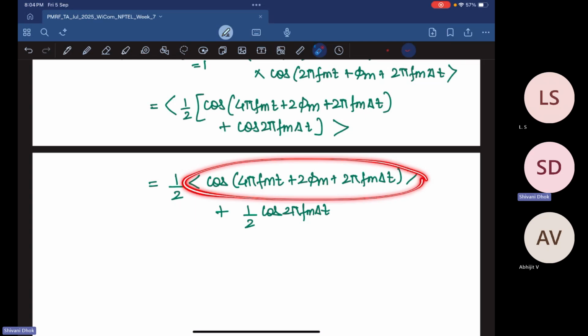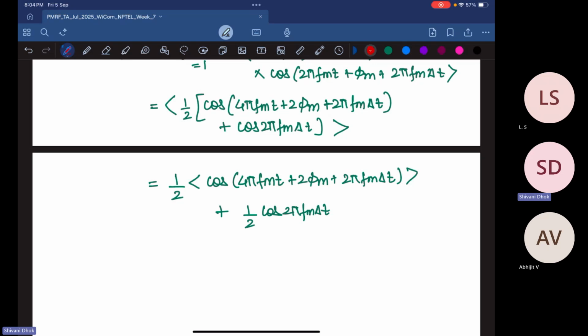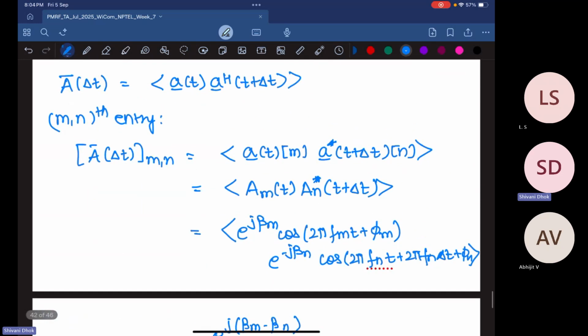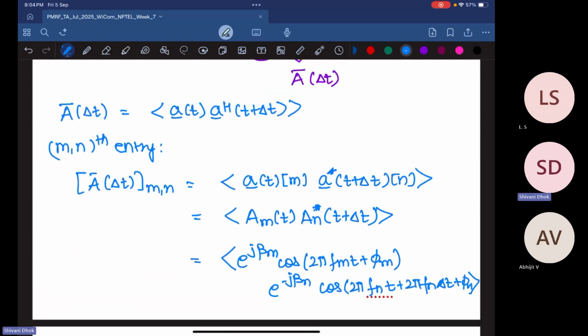Now again, the first is a sinusoid with frequency 2 fm and some phase, so its time average will be equal to 0. We had seen it earlier. So what we have now is half of cos 2 pi fm delta t.